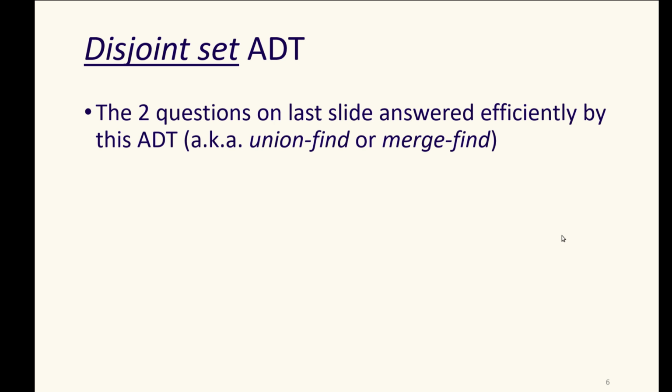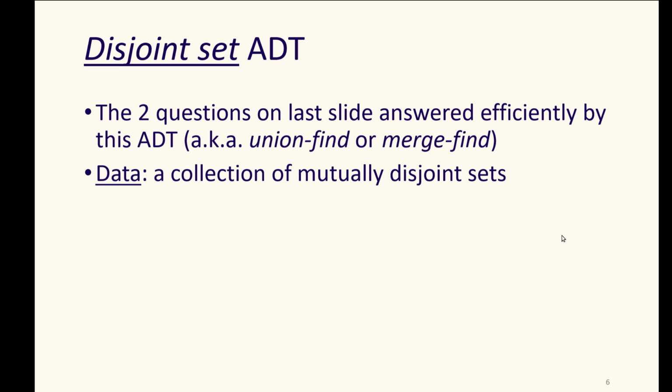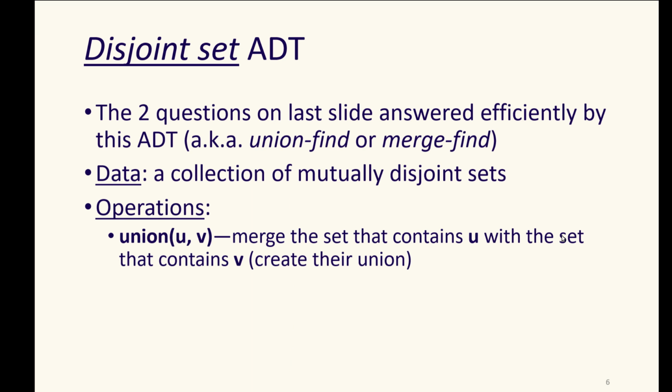So to answer these kinds of questions, we'll use the abstract data type of a disjoint set. You can efficiently answer questions like this without having to do the full pairwise comparison, and we'll see how. Our data will be a collection of possibly mutually disjoint sets, at least one set, and if we have multiples, they would be disjoint.